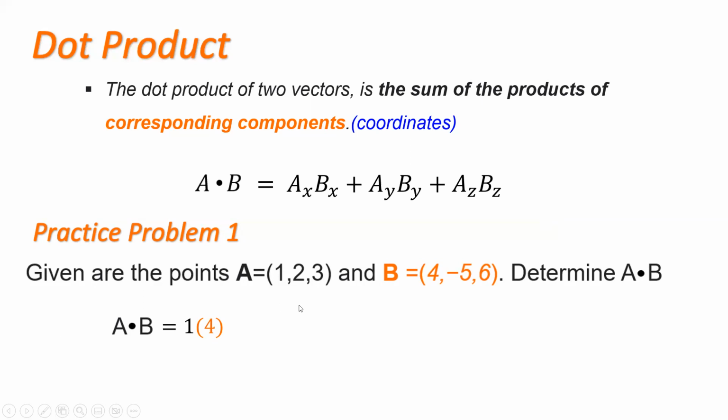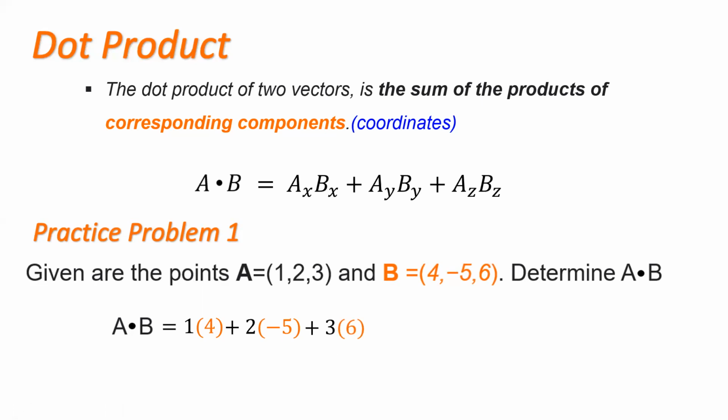So makikita natin na color-coded ito, yung point A natin ay ginawa natin black at yung point B ginawa natin orange. So as you can see, 1 multiplied by 4 plus 2 times -5 plus 3 times 6.